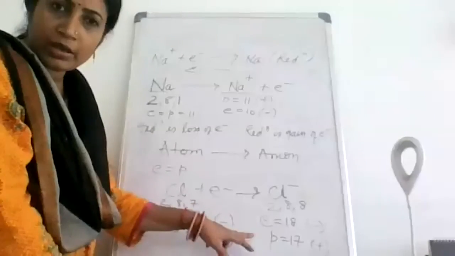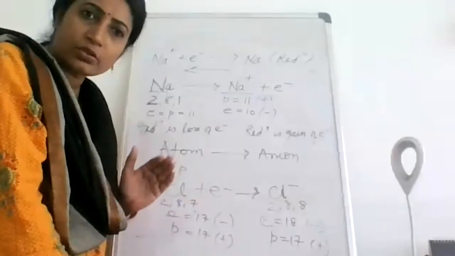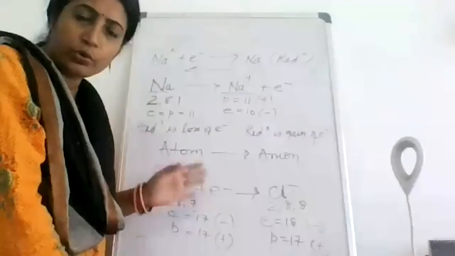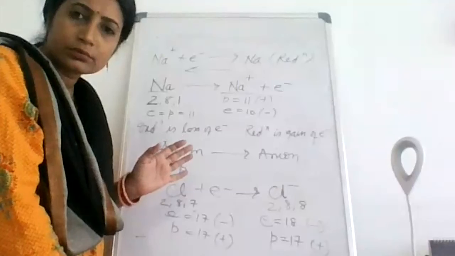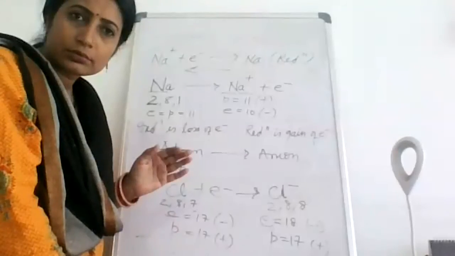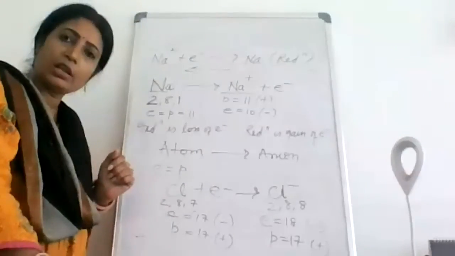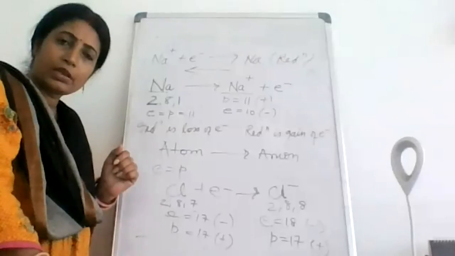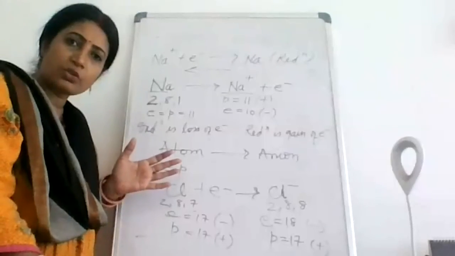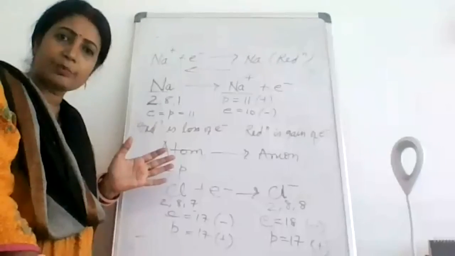So, okay everyone, what is reduction and what is oxidation? I have explained it to you in terms of loss and gain of electron. Whenever there is loss of electron, process of oxidation takes place.